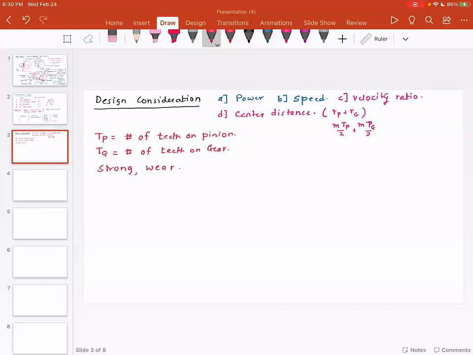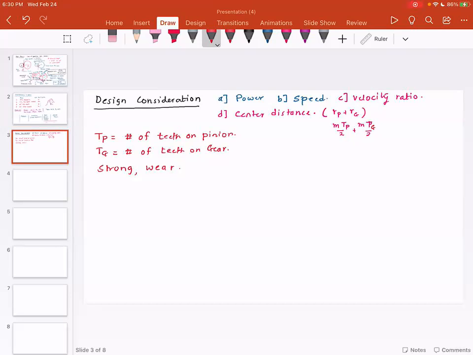And then we have to ensure that the gears are properly lubricated. The gears should not deflect a lot more than necessary. Otherwise, if the gears deflect, it leads to permanent deformation. Then the gear profile would lock, and all those things are not good for continuous power transmission.